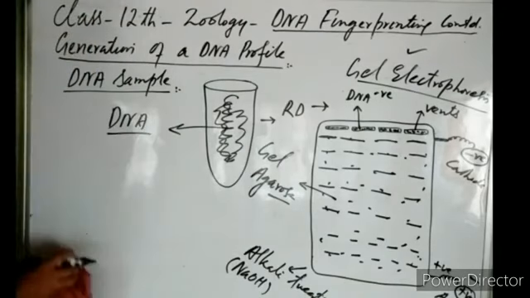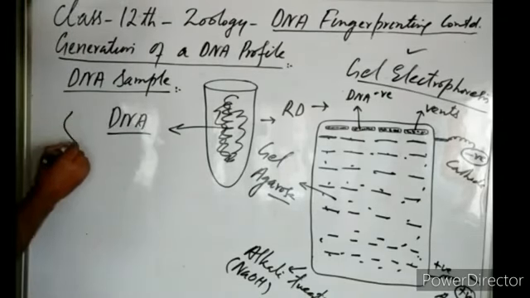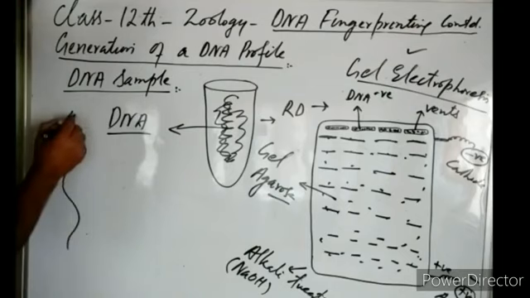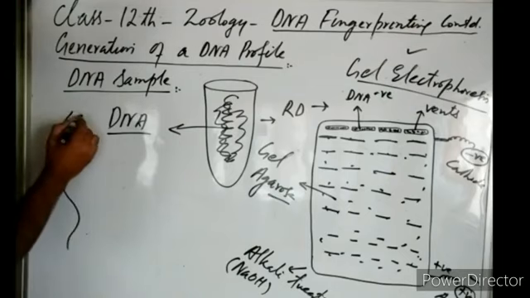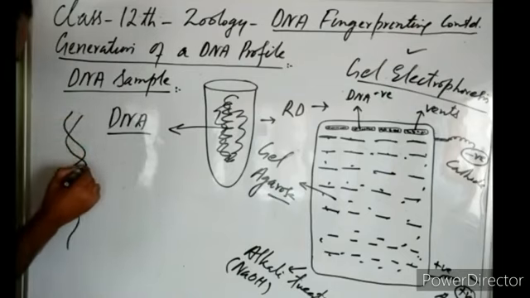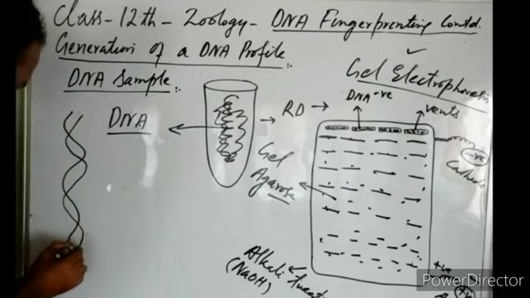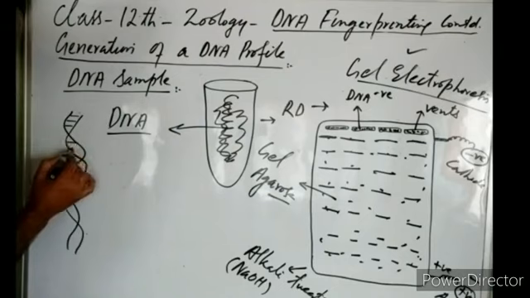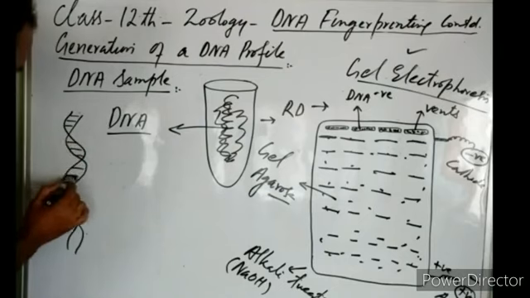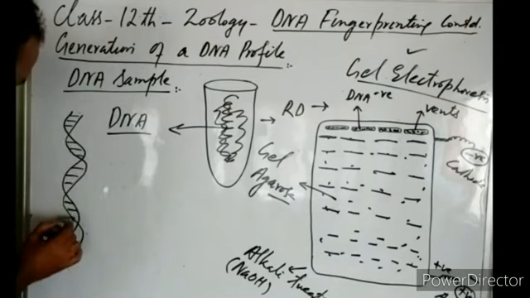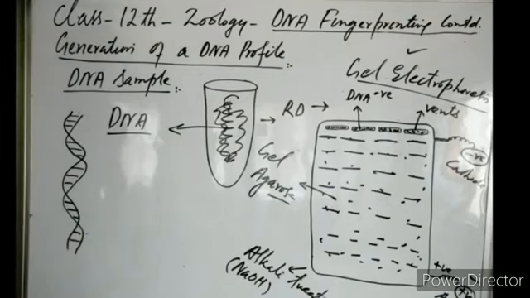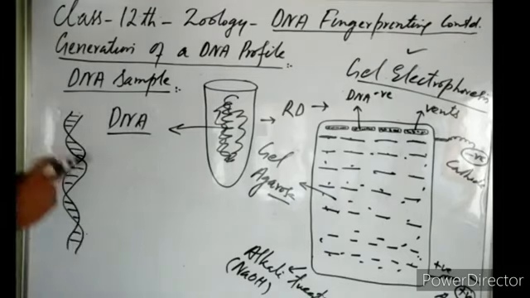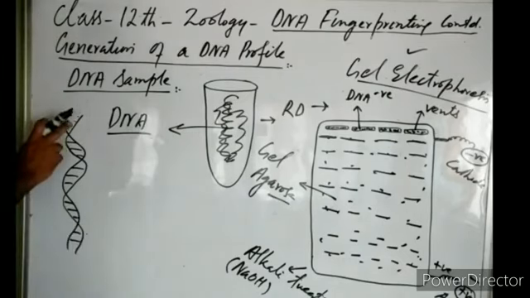I will make it a bit larger. These are the hydrogen bonds between nitrogenous bases. This alkali breaks these hydrogen bonds.